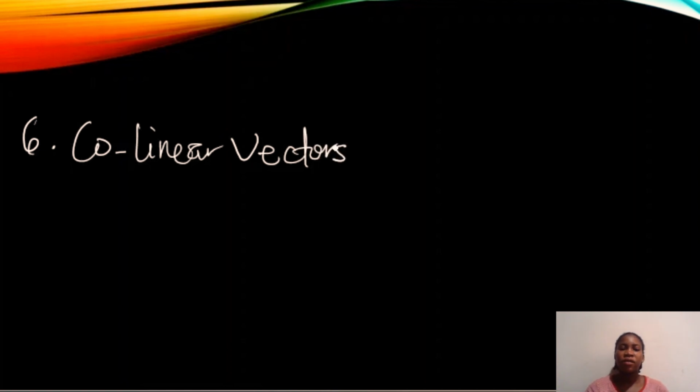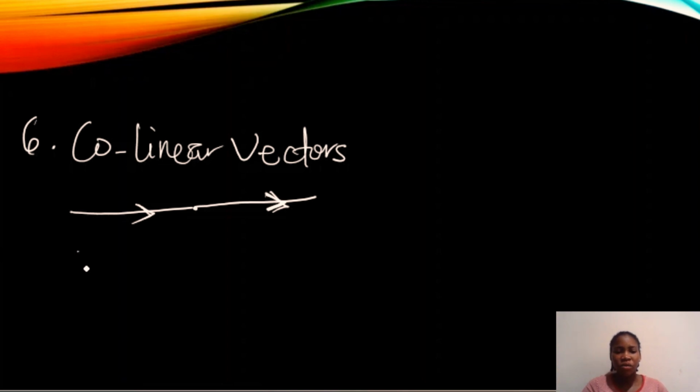This type of vectors are vectors that are in the same line. Vectors moving in the same line are called collinear vectors. See, this is moving like this, and this is also moving like this. So these are collinear vectors. They are moving in the same line.